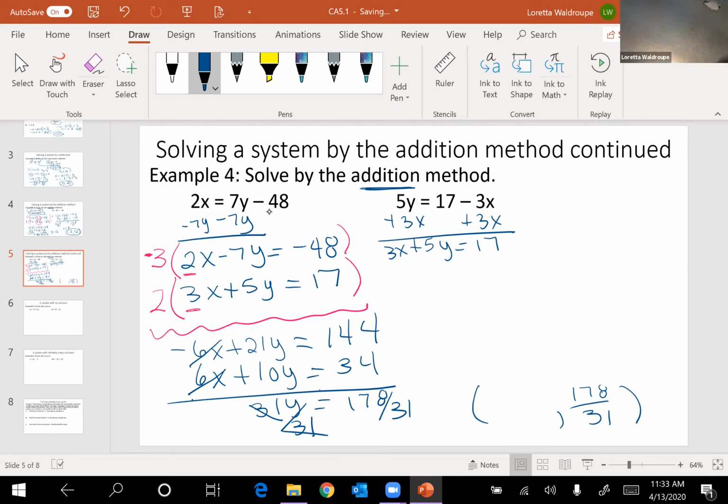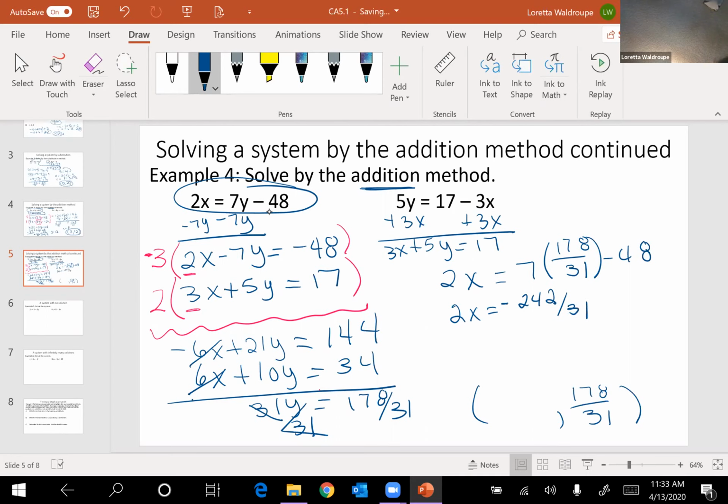So now I'm going to say 2x, plugging back into this equation here, equals 7 times my y minus 48. Punching that in the calculator, 7 times 178 over 31 minus the 48, I get 2x equals negative 242 over 31.